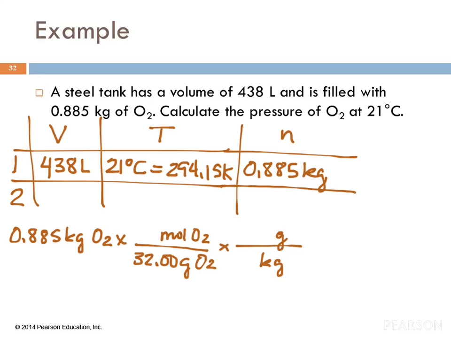Kilo means 10 to the 3, so we'll put it up here. And so we have 0.885 divided by 32 times 1,000. That's 27.656 moles. This should have 3 sig figs, but I'm not going to round yet. Okay, so that's what we want to put in here.